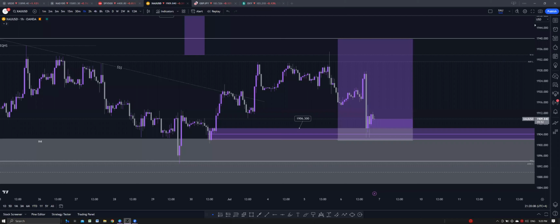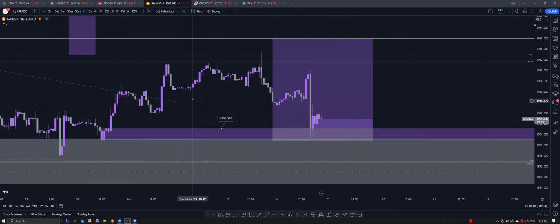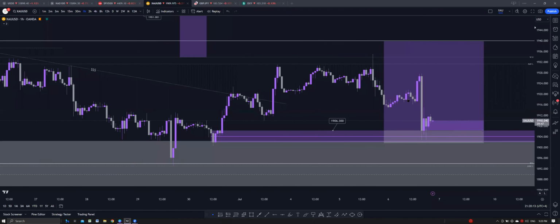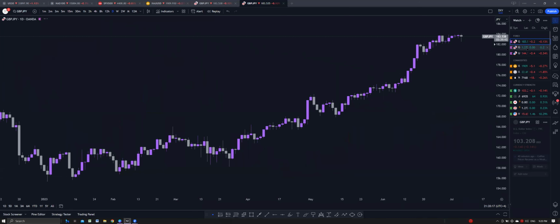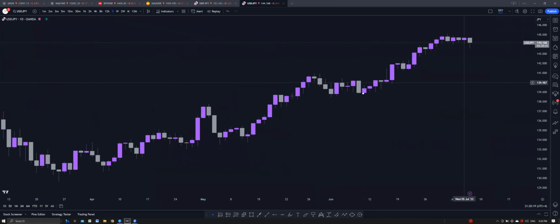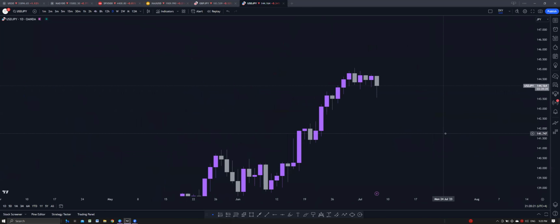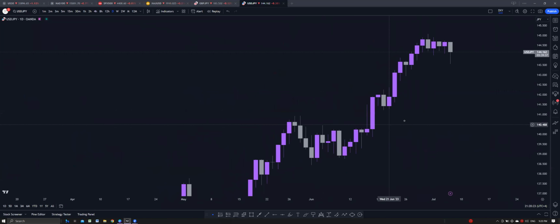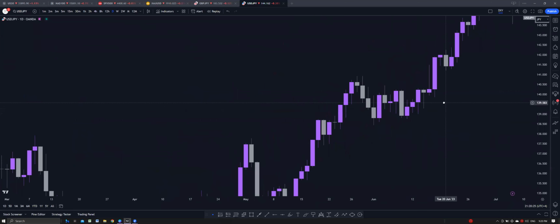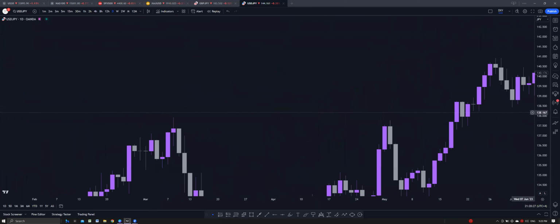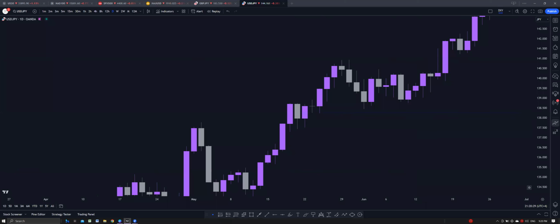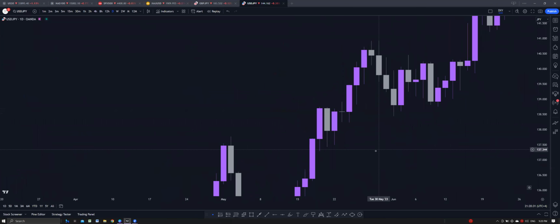A low probability or a medium probability bullish engulfing would be, I'll give you an example. Hold on. So let's look at maybe USD JPY here. Okay, so let's see. Maybe here, possibly.